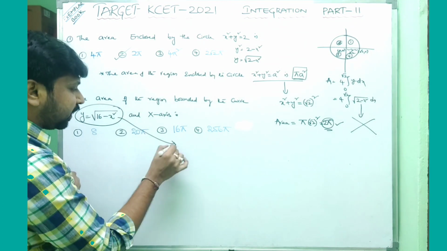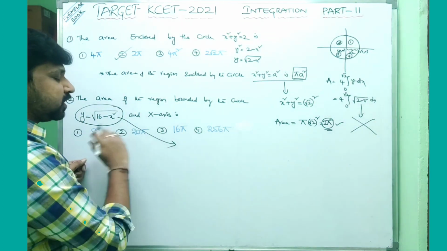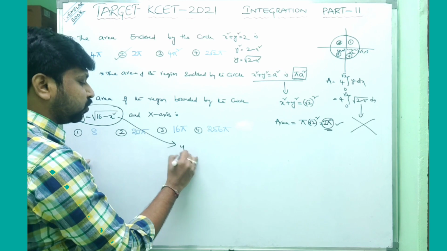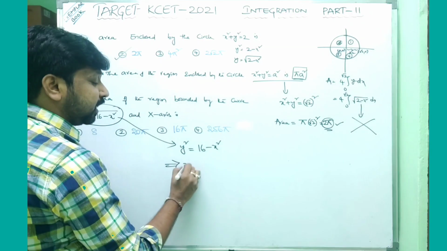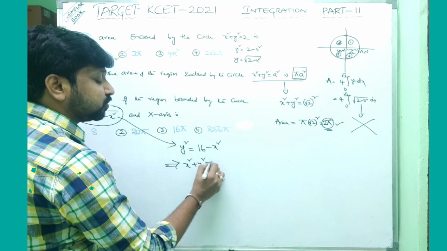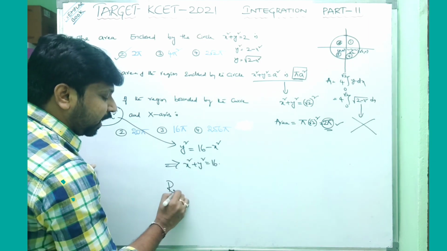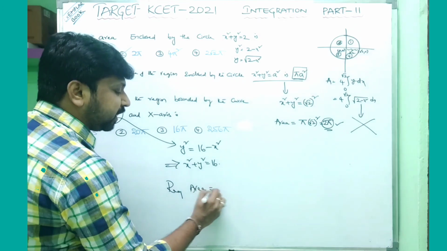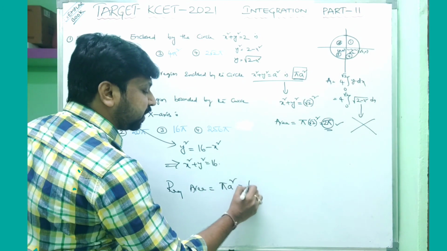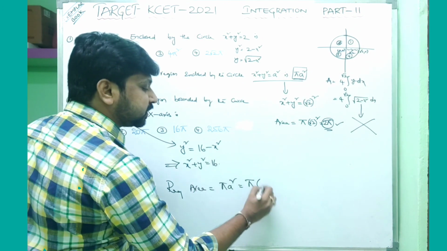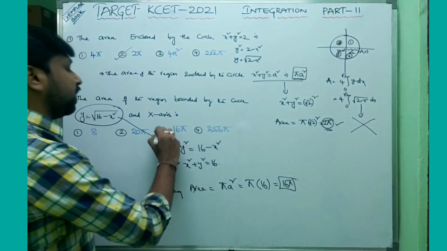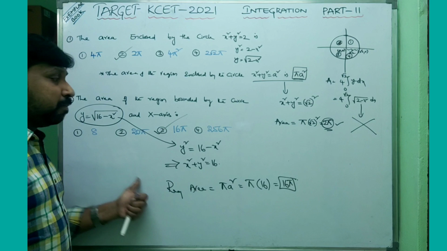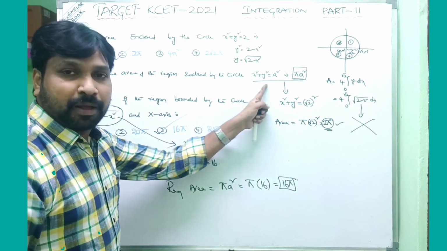Just observe very clearly, y equal to root over 16 minus x square, squaring on both sides, you get y square equal to 16 minus x square, which implies x square plus y square is equal to 16. So the required area is pi a square by the formula, and hence pi into 16, that is 16 pi is your answer, friends. It is a very easy calculation by using this formula.